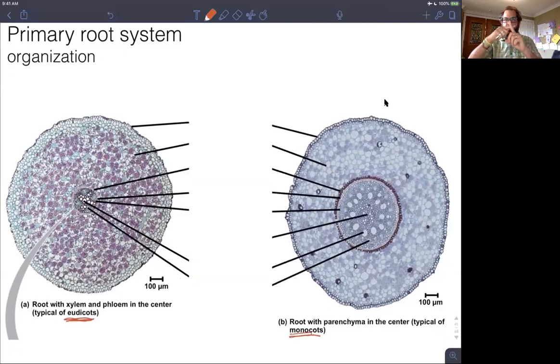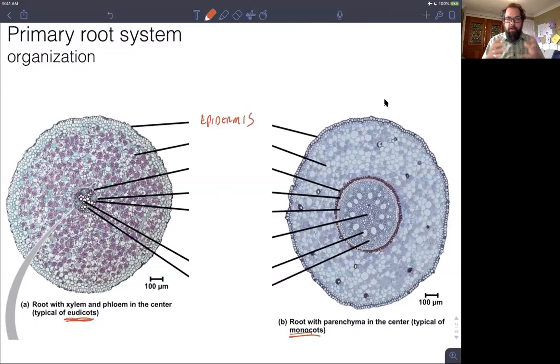So I'm taking a root, cutting across it, looking down at it through a microscope, and I've stained this so certain cell types stain differently than other ones to try and differentiate which cells are which here. So if we start from the outside and head in, we see the epidermis on the outside. So this is the very outer layer of cells. There's our epidermal cells. This is one cell layer thick, as you can see, working its way all the way around that cross section of the root.